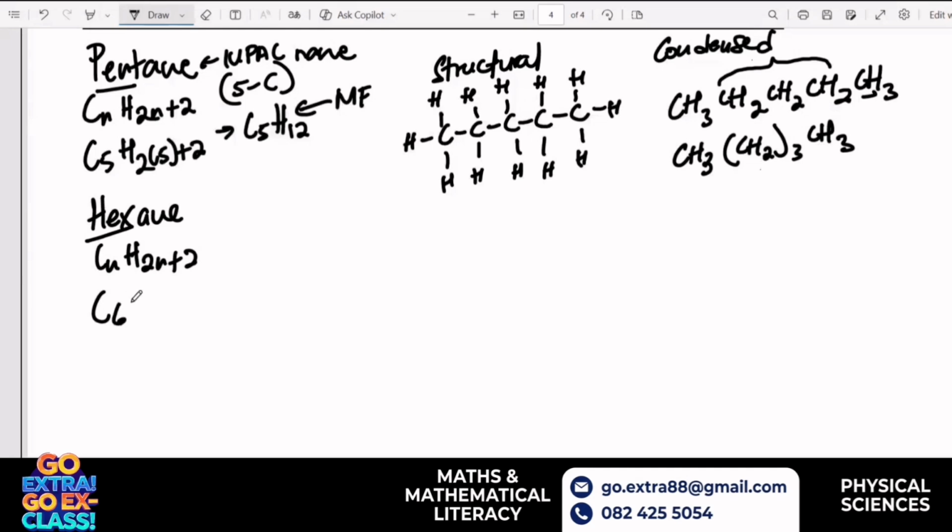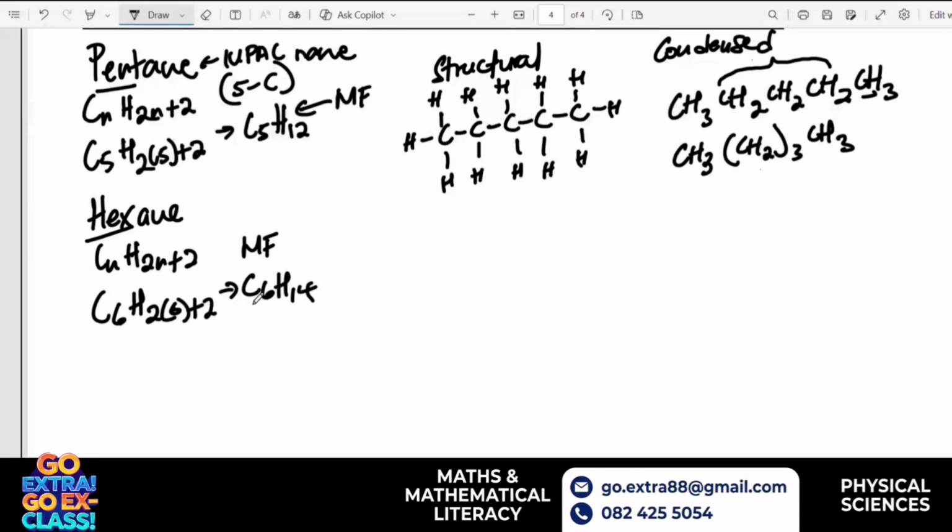So it's going to be C6H, open bracket 2 times 6, close the bracket, plus 2. So the molecular formula of this is going to be C6H14.